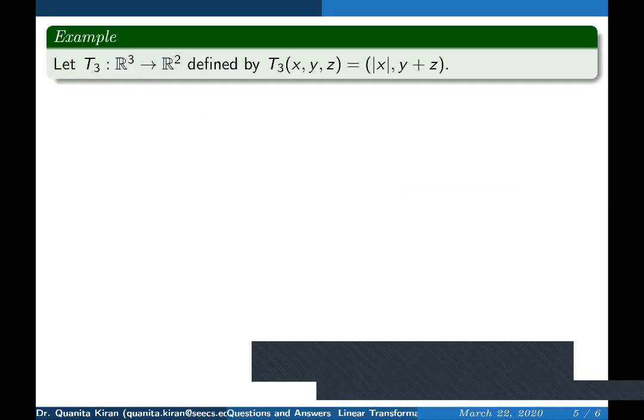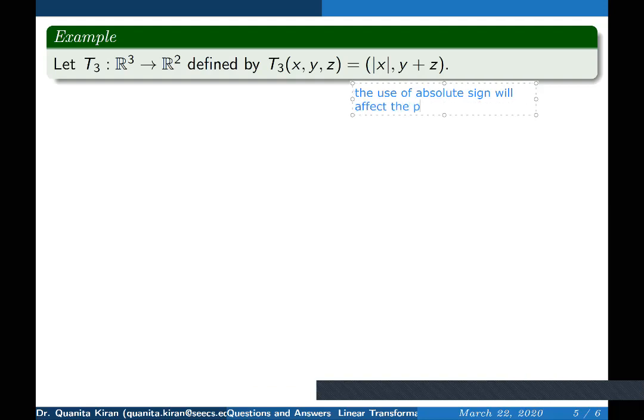Again, if we talk about the next trick, then you see that over here, the use of the absolute sign somewhere will affect the presence of the negative sign.